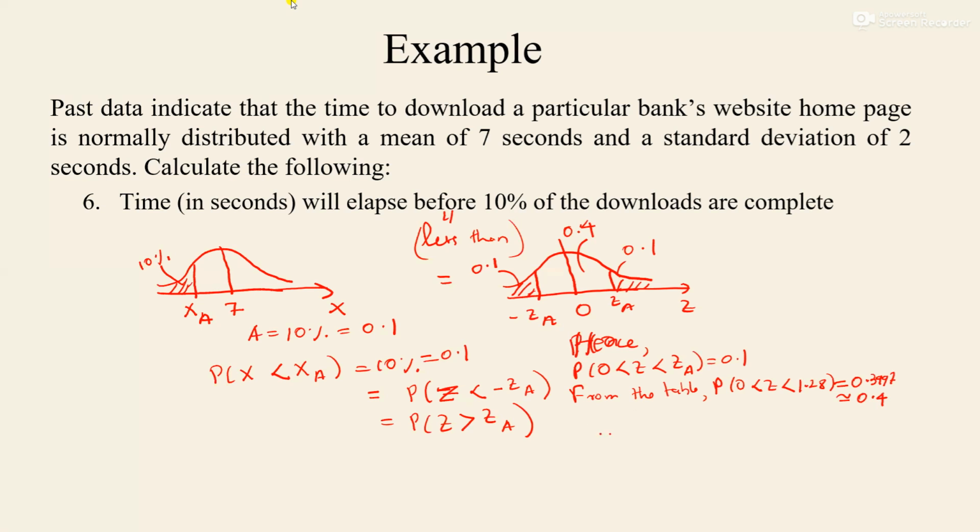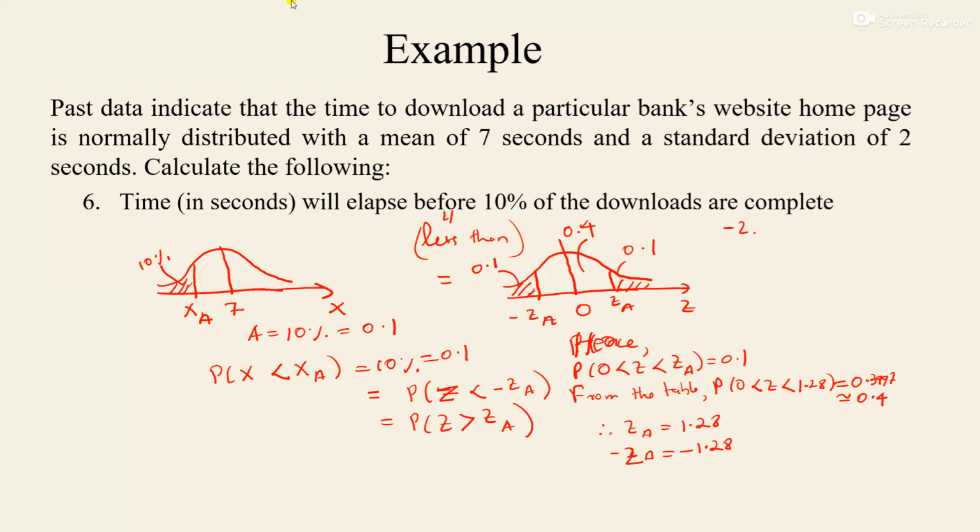Therefore, ZA is equal to 1.28. But we need minus ZA, so minus ZA is equal to minus 1.28. Now we have to find the corresponding X value.